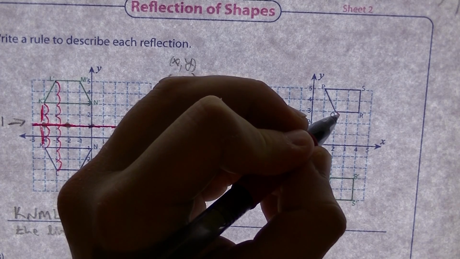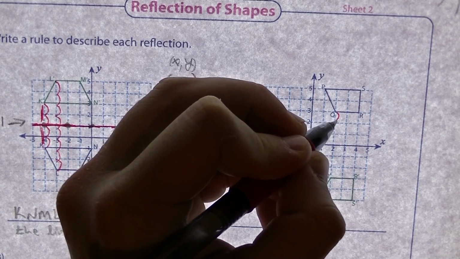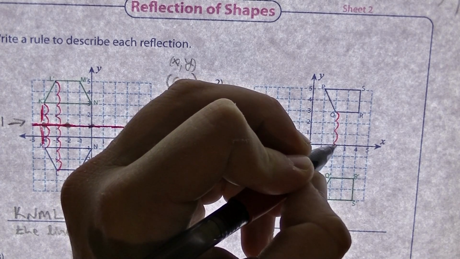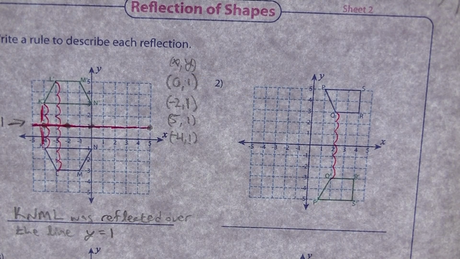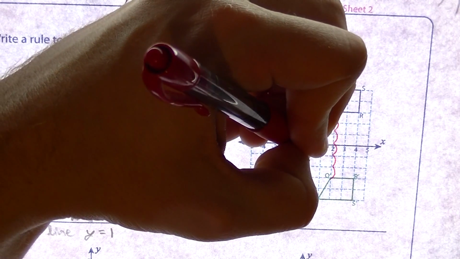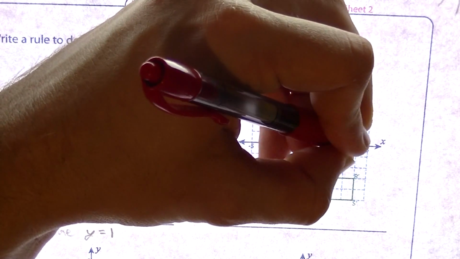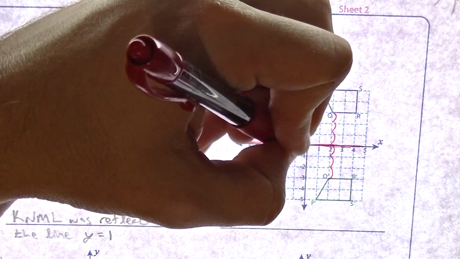So I'm going to go to, let's see, from Q to Q prime, 1, 2, 3, 4, 5, 6. There's 6 between them. Halfway between 6 is going to be 3, so I'm going to go to that 3 point. And this is my line over here.